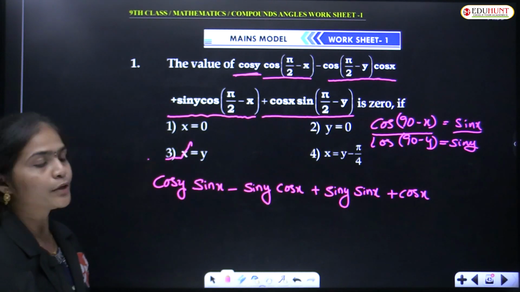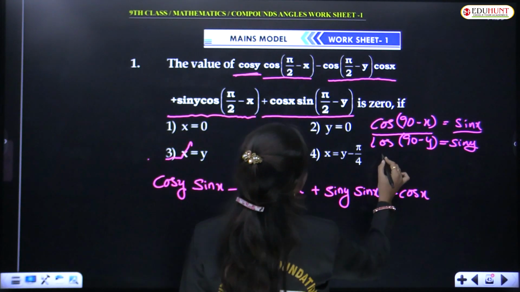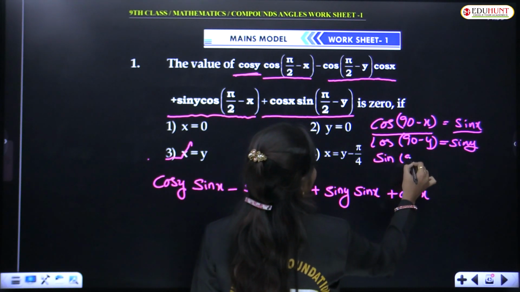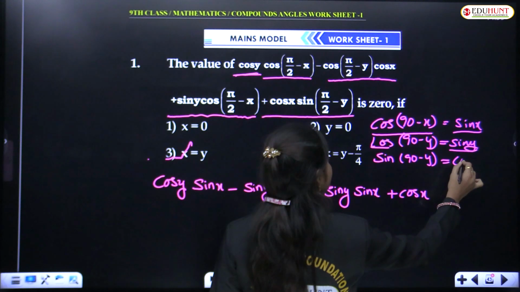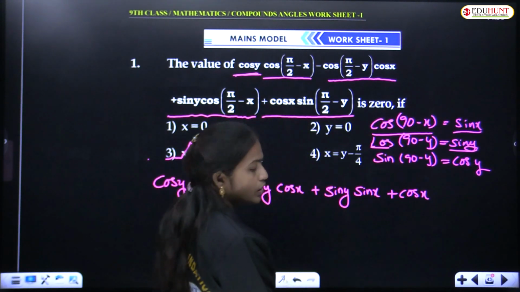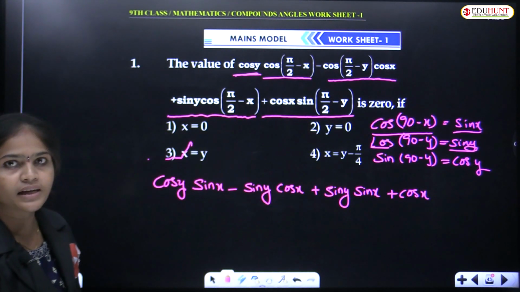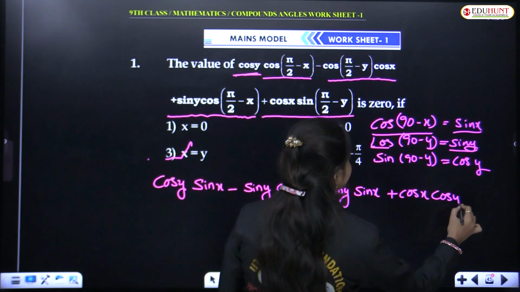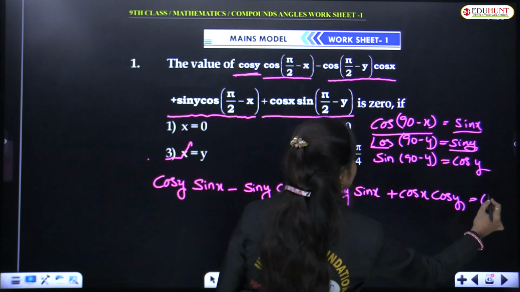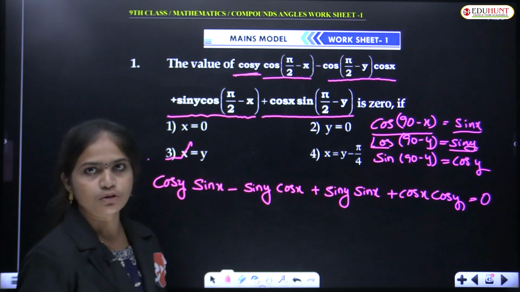So sin of 90 minus y is cos, sin changed as cos, cos theta. Okay, so in place of theta we have here y. So write that one here, cos y, which is equal to 0. That's what they gave in the question.